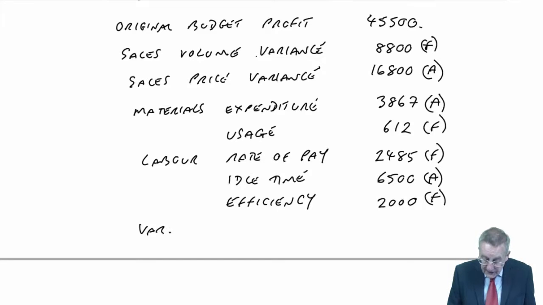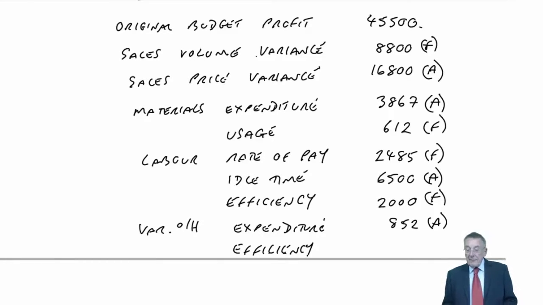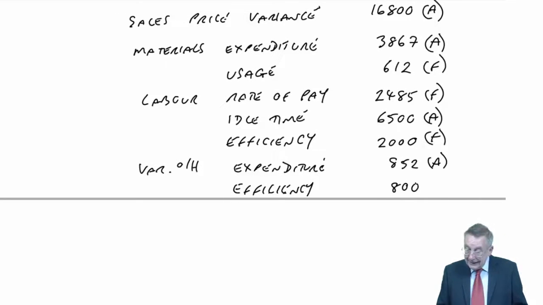Variable overheads. We had an expenditure variance of 852 and an efficiency variance. Remember, it's the same as labour, but at $2 an hour instead of $5 an hour, so that was 800. Oh, wait a minute. Was it favourable or adverse?